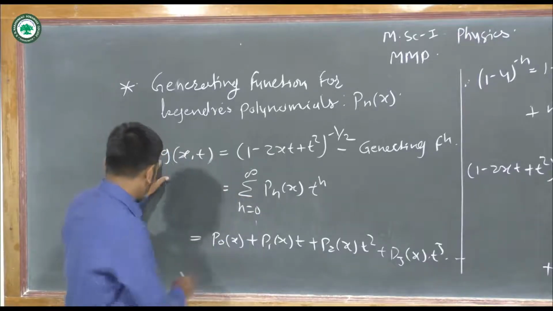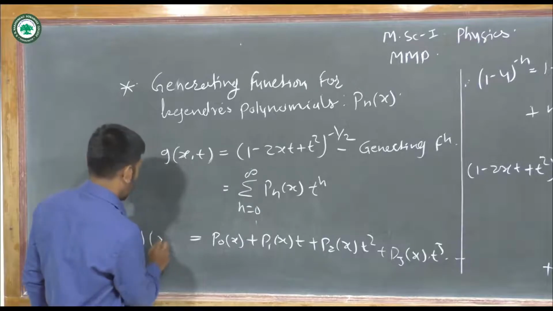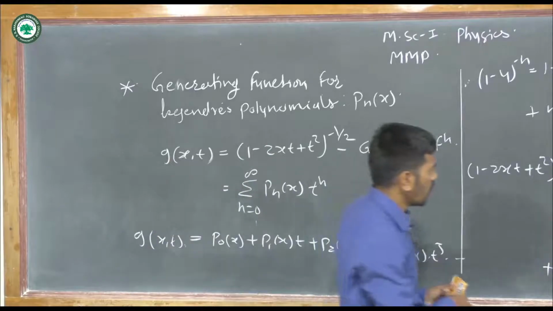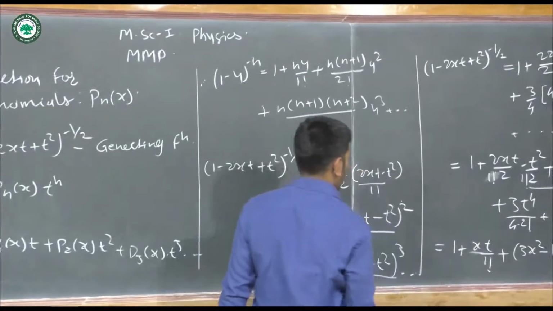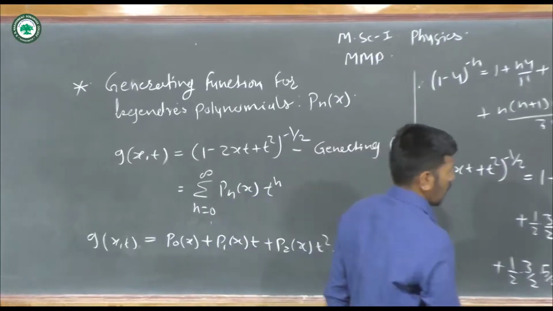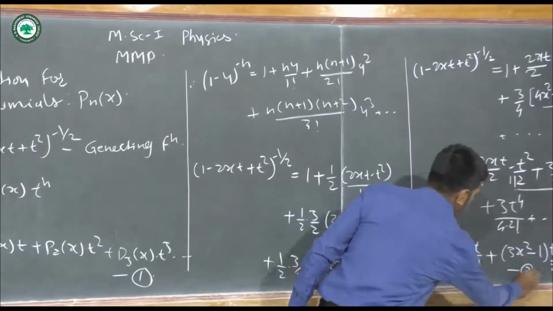So this is equal to the generating function, and what we derived is also equal to the generating function. If I give names, this is equation number 1 and this is equation number 2.